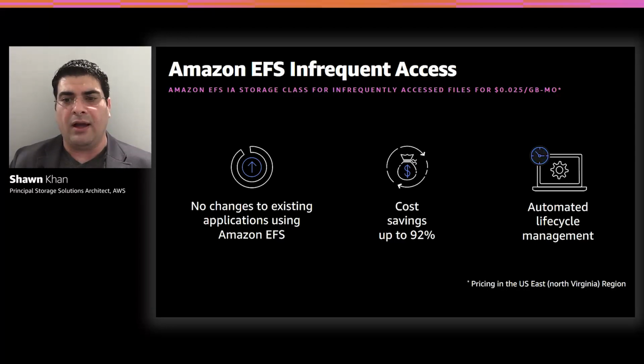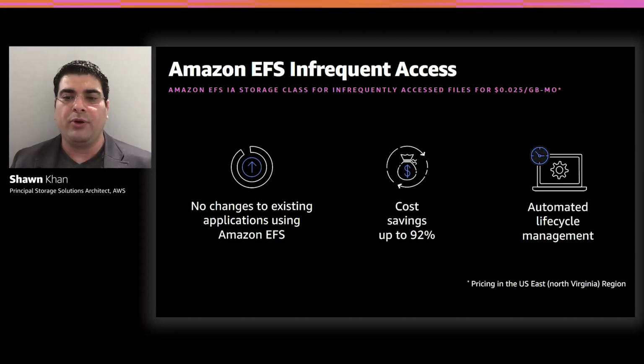On the performance side, EFS infrequent access has a slightly higher first byte latency compared to the EFS standard class. You'll see on average single-digit millisecond latencies with EFS standard and typically double-digit millisecond latencies with EFS infrequent access. With that said, you get pretty much the same level of throughput against files in infrequent access as files in the standard tier.